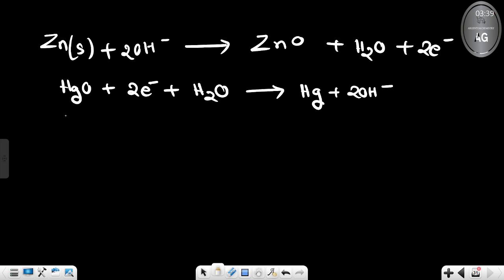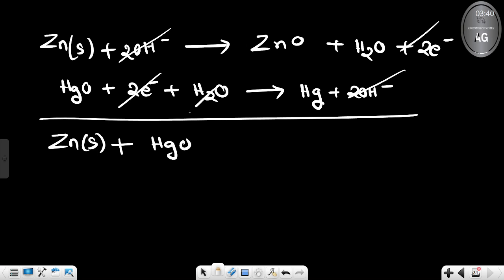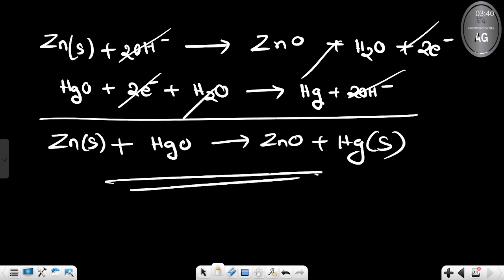So the net cell reaction will be Zn plus HgO forms ZnO plus Hg. Clear? So you can see that there are no ions, all these are fixed concentration. So there is no change.